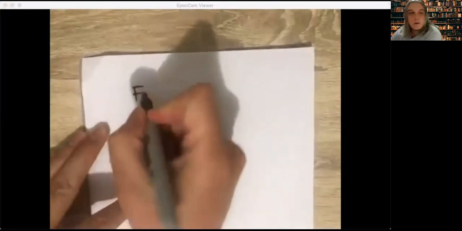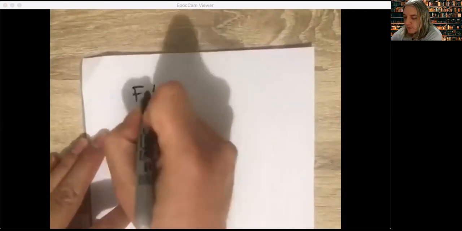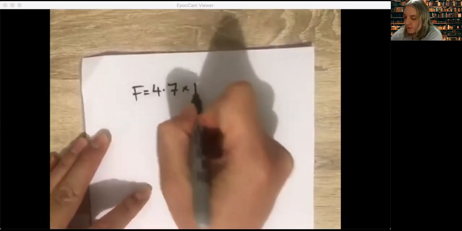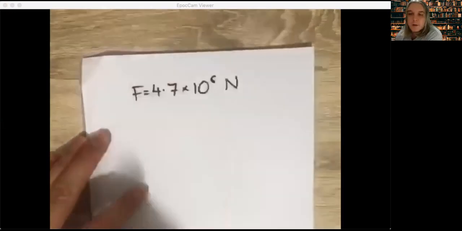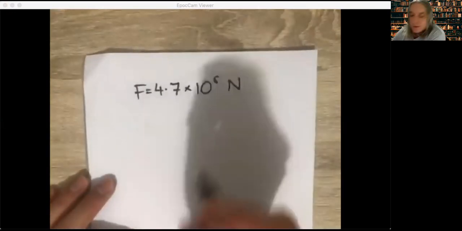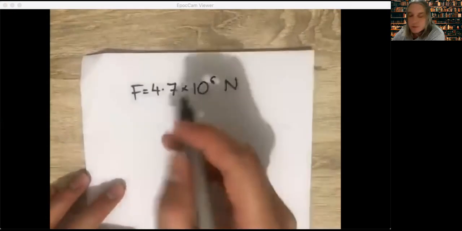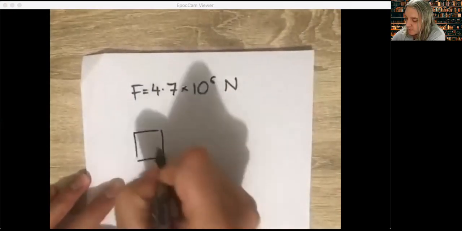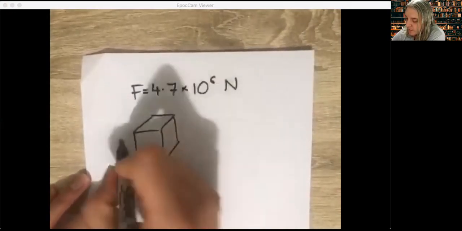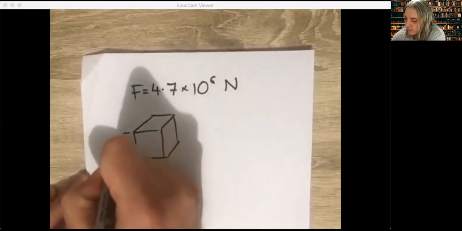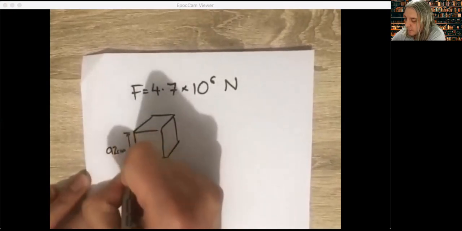So first things first is writing out what we know. We know that we have a shearing force of 4.7 times 10 to the 6 newtons on our piece of factory equipment. We have dimensions 92 centimeters. So we've got a cube, and every one of these is 92 centimeters.